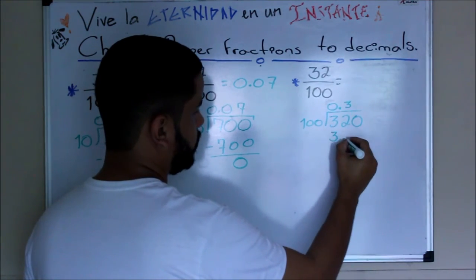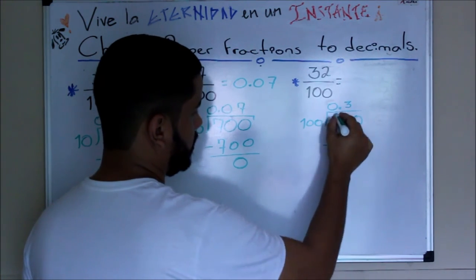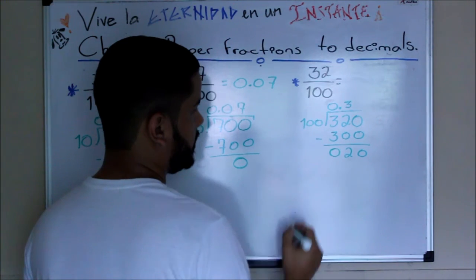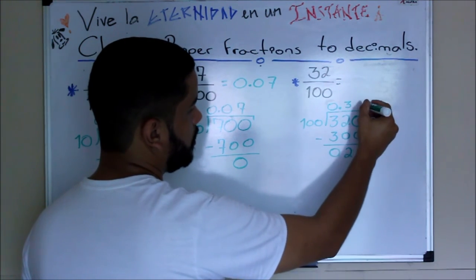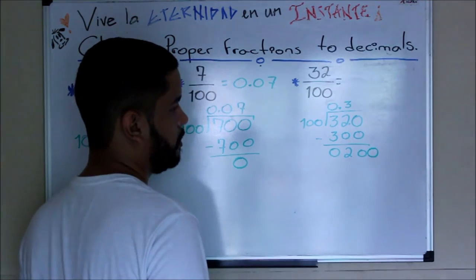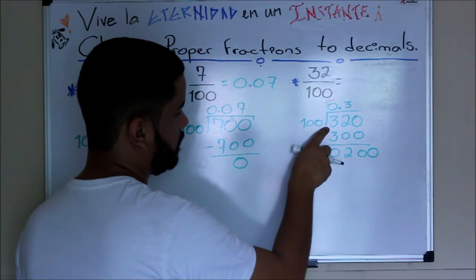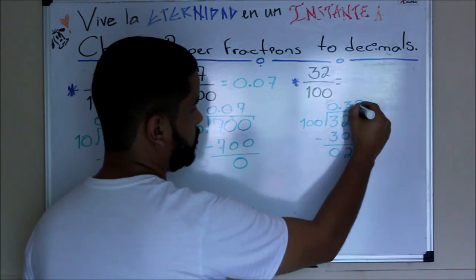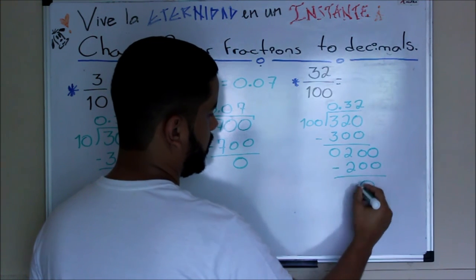So this will be 300. We write down the 0, we write down the 2, and this subtraction will be 20. We're working now with decimals, so we're going to place here another 0. So we're able to say how many times does 100 fit on 200? Fit 2 times, so we're going to have here 200. We subtract and then we get 0.